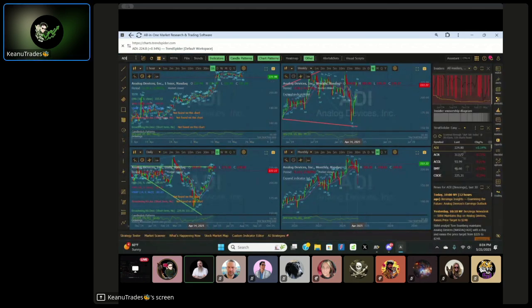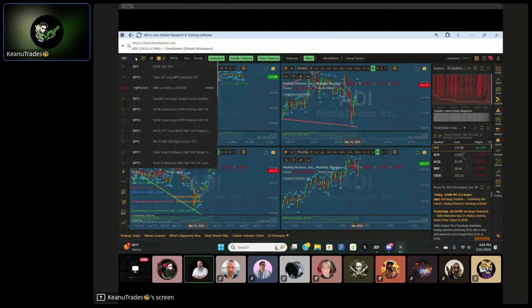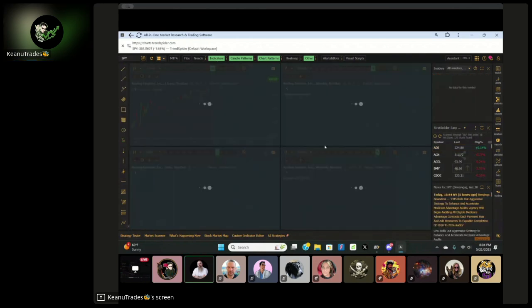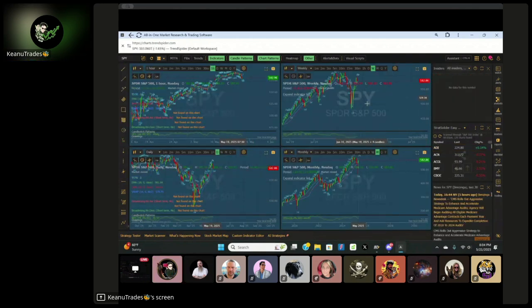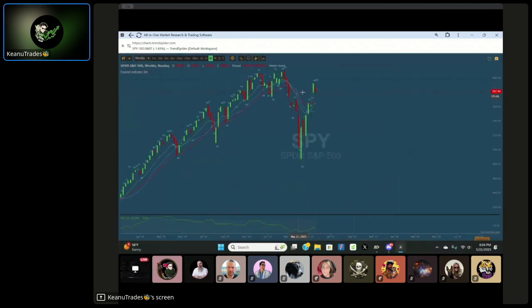So today, SPY. Tonight, I was looking at SPY, and we're green on the month, but on the week, we're a failed 2 up, and there's this gap right here.